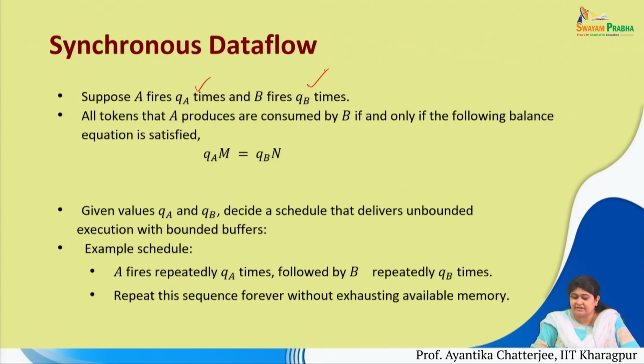Then effectively the number of tokens produced within that time interval will be QA into M, and for actor B it will be QB into N. So, to have a balance in the flow, we need to have QA into M equal to QB into N. That will give a balanced scenario.